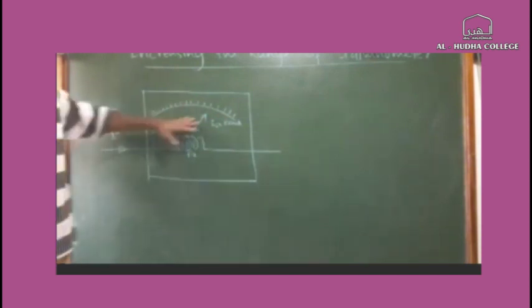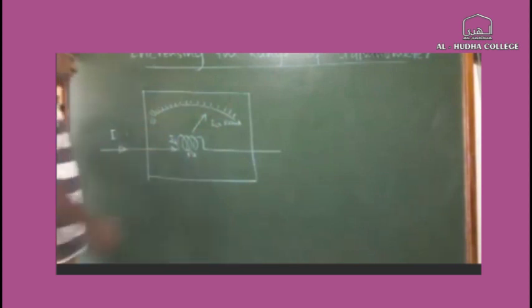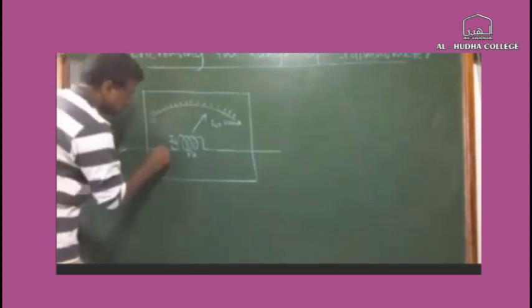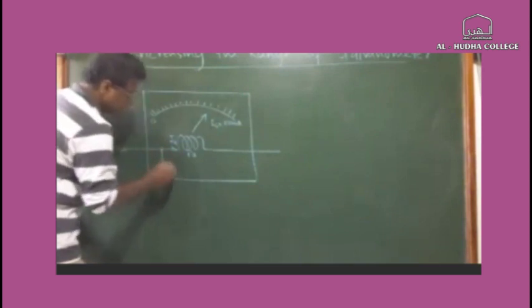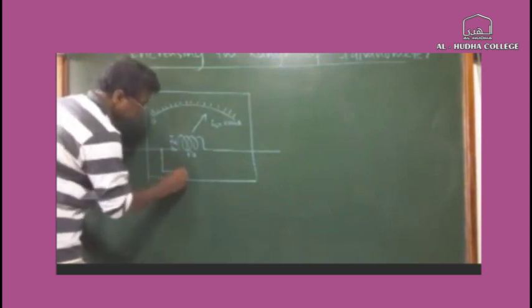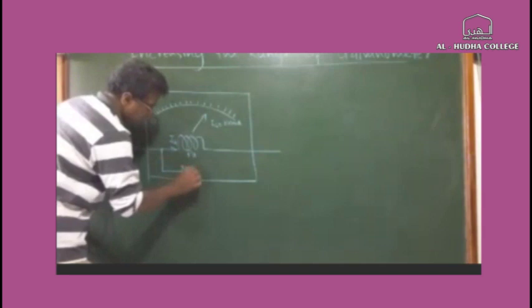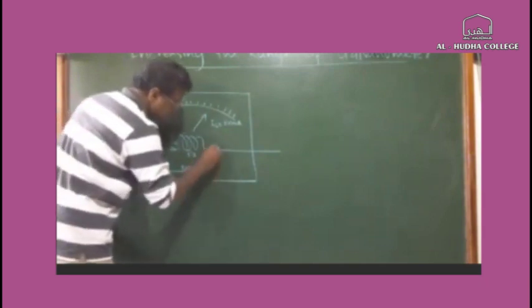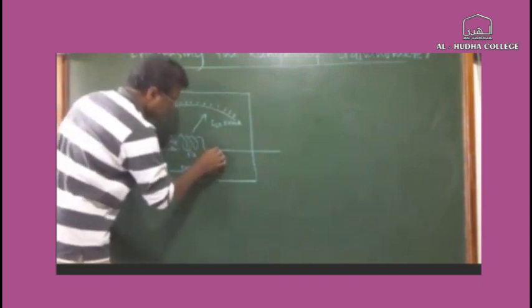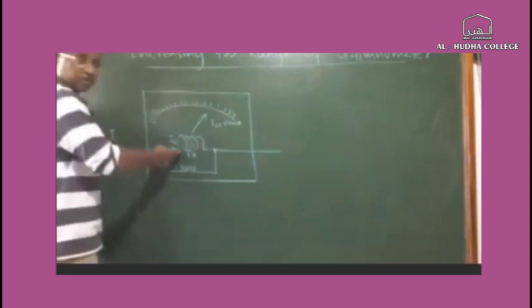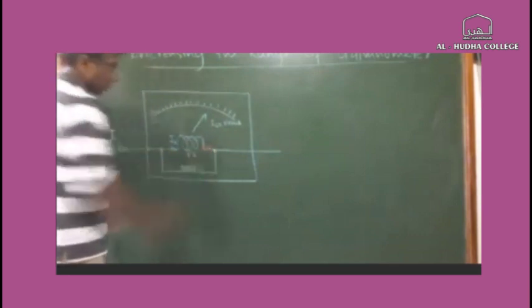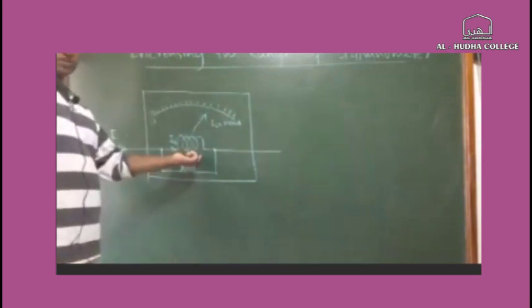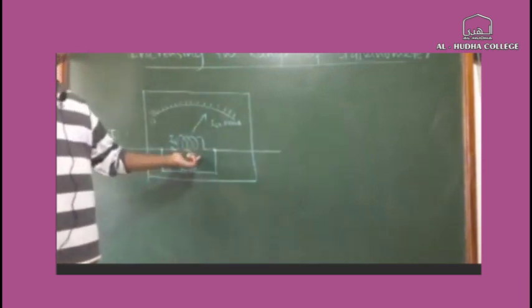So the usual setup we use here is to connect a shunt resistor. A shunt means a parallel path, right? We can connect a very low resistance, compared to this resistance Rg, in parallel to the galvanometer coil, right?